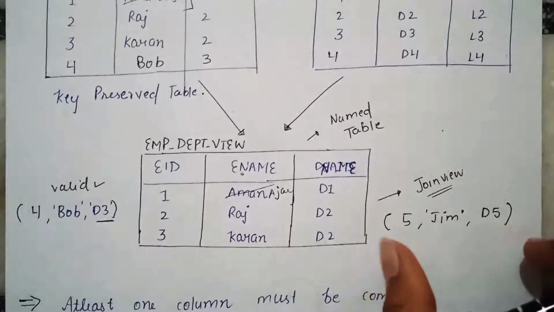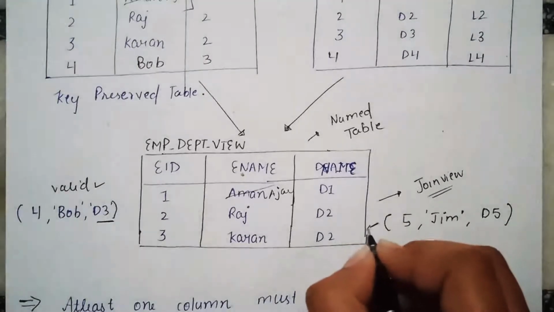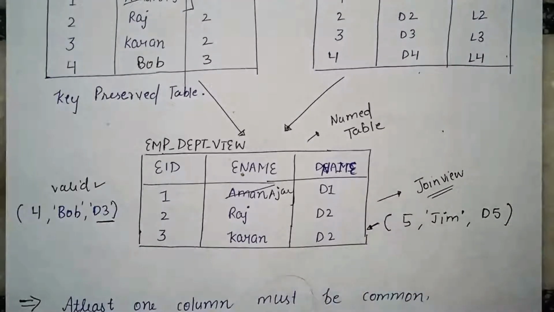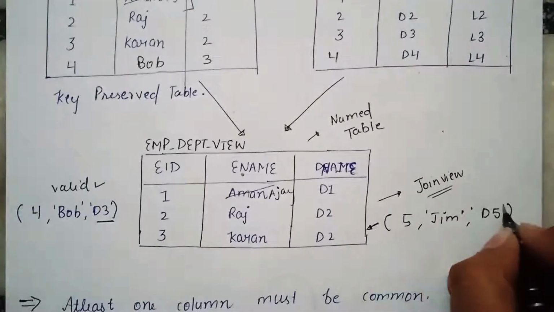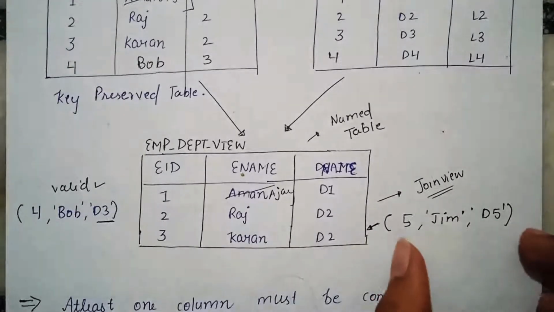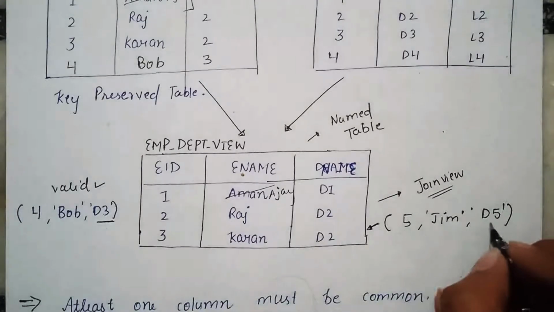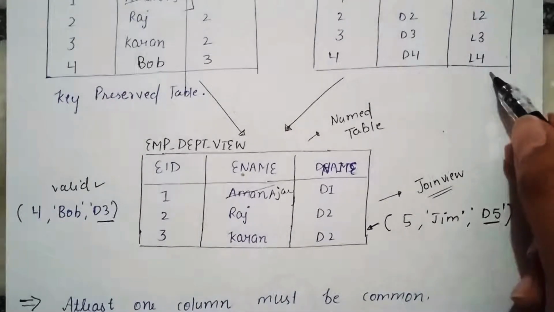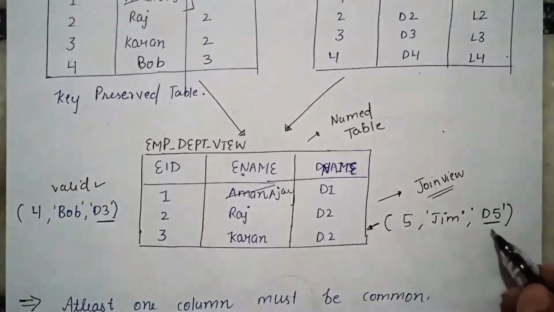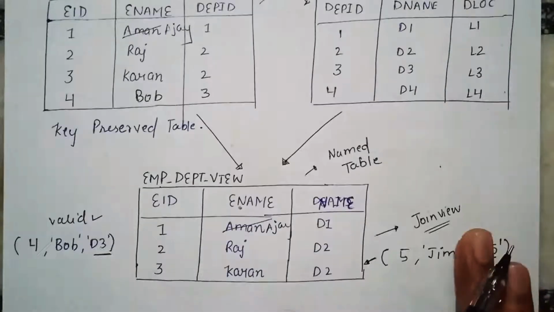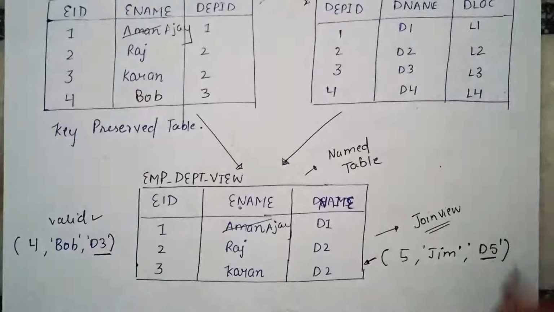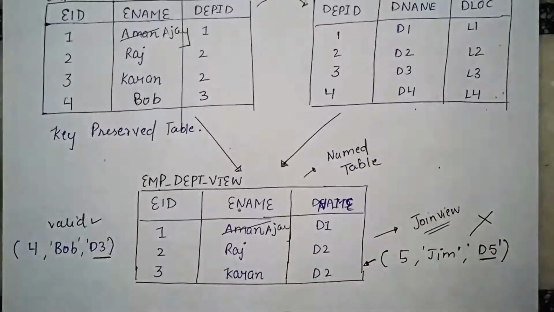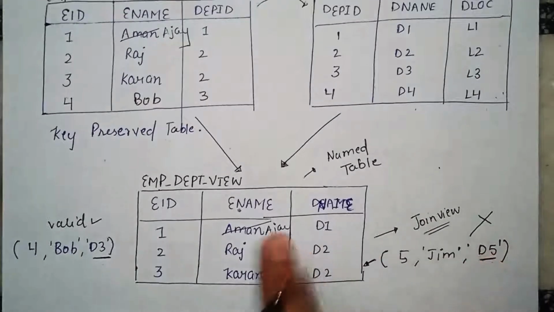If we try to insert this kind of row in this table, it will not be valid. What is the reason behind it? Because it is not maintaining the foreign key references, because we are going to insert a department that doesn't exist here. We can see that department 5 does not exist in this department table, so it is an invalid insertion operation that we are performing on this join view.